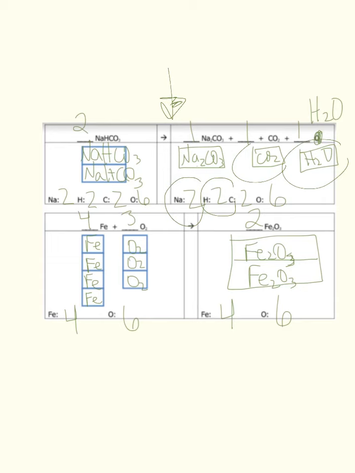But the C's, there's a C in the first box, and there's another C in the second box. That's where we get that 2. And then the O's are in all three products, so you have to add them all together. There's 3 in the first box, 2 in the second box, and 1 in the third box for a total of 6. So the coefficients are 2, 1, 1, 1.